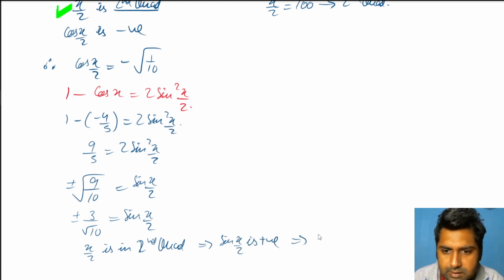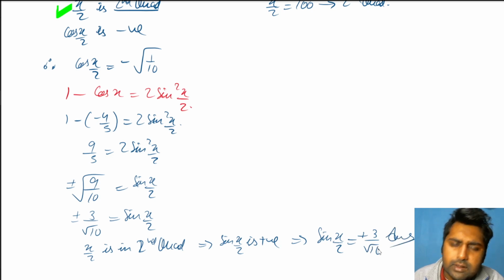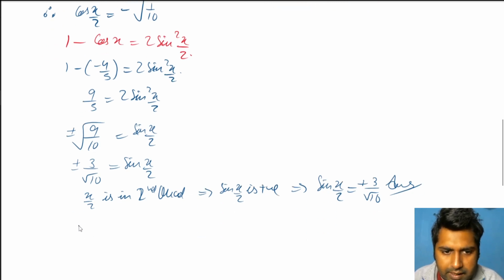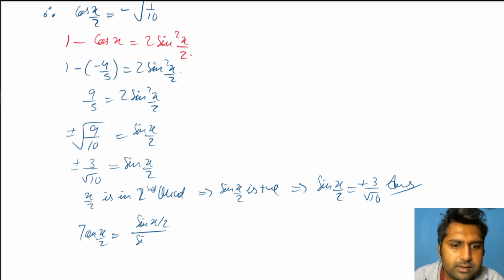That gives us sine x by 2 as plus 3 by root 10. Okay. Since we know sine and cos, it's very easy now. Just divide them, you'll get tan x by 2 also. So tan x by 2 is just using this basic idea, something from your childhood, sine by cos.